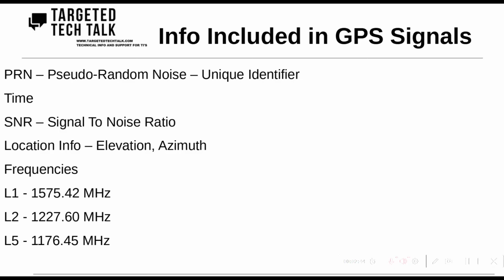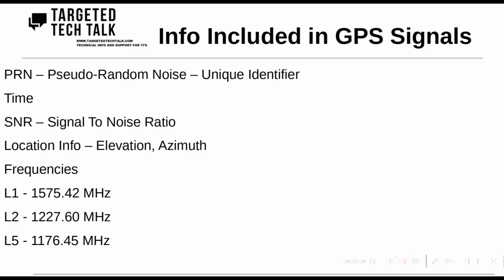Those are the strongest signals that might be direct line of sight, or the ones that are closer in orbit. For the other ones, the signal drops out the further the satellite is away, or if there's atmosphere or other things interfering with the signal, that would drop the SNR. But that's the range.